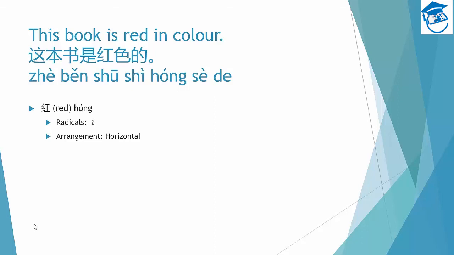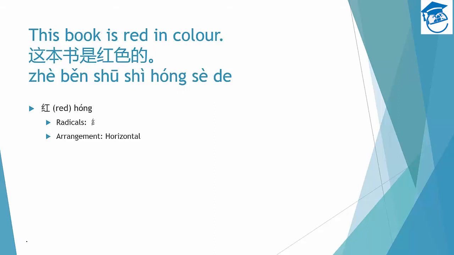So we'll just omit what's at the end there. So instead of saying 这本书是红色的书, you just say 这本书是红色的. So this whole sentence is trying to tell you that this book is a red book.